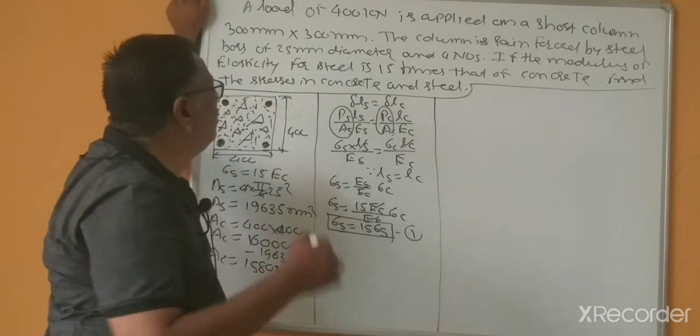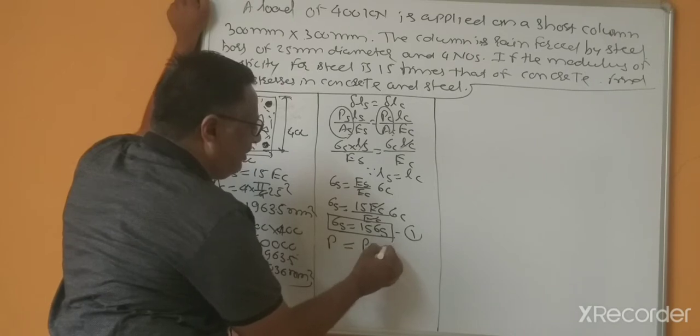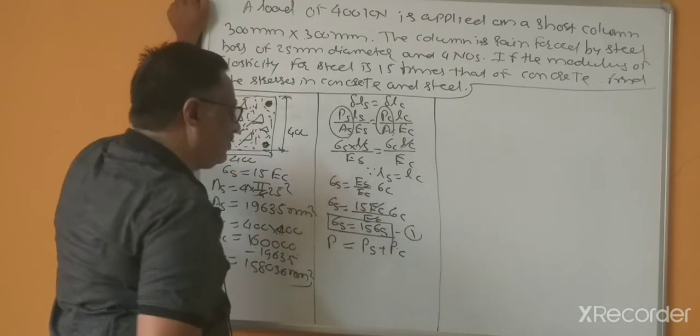After that, the total load P equals the load shared by the steel bars plus the load shared by the concrete.